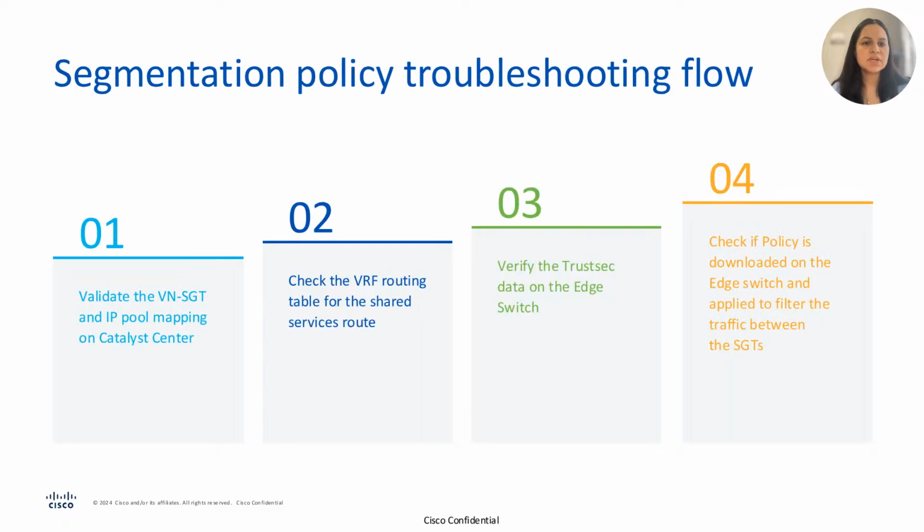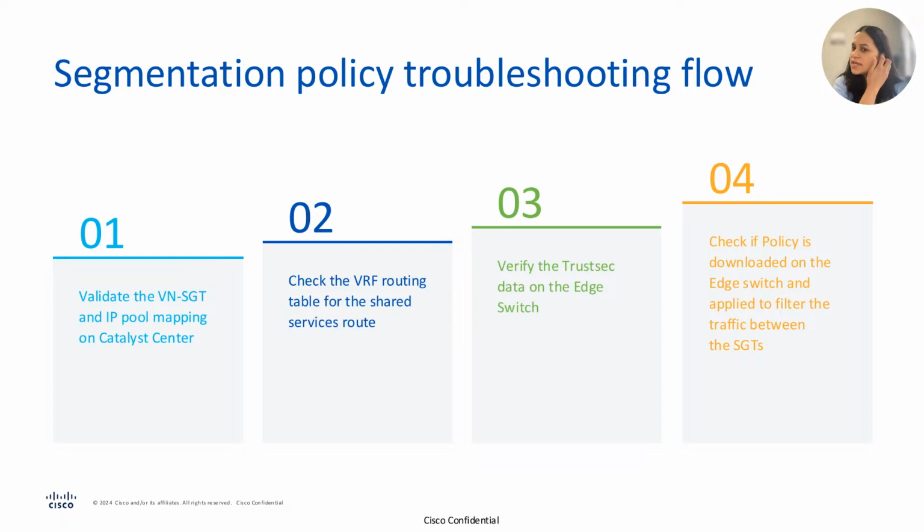Now, this is a quick workflow that I wanted to highlight. The first step when we are troubleshooting inside the virtual network is that we need to validate the VN and SGT association. The first step to check is the mapping of the SGT in the virtual network.